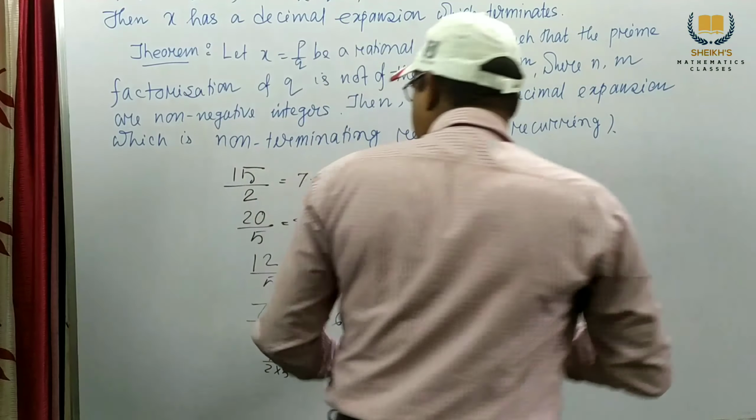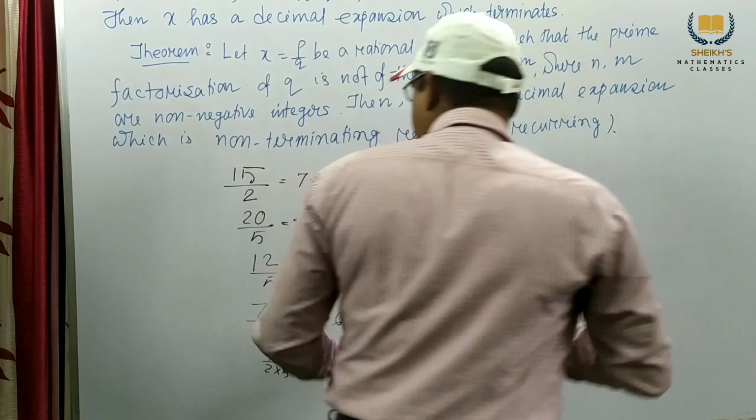Suppose we consider 10 by 3. If we divide 10 by 3, then we get 3.3333 in this way, because 3 3s are 9, this is 1, taking decimal we get 10, 3 3s are 9.